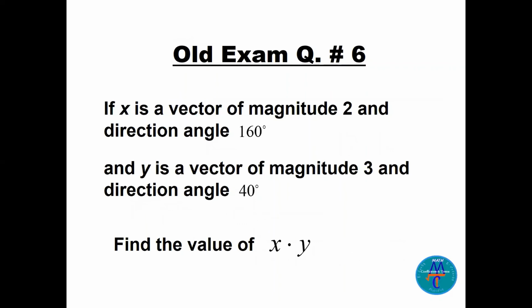Number 6, if x is a vector of magnitude 2 and direction angle 160, and y is a vector of magnitude 3 and direction angle of 40, find the value of the dot product x dot y.